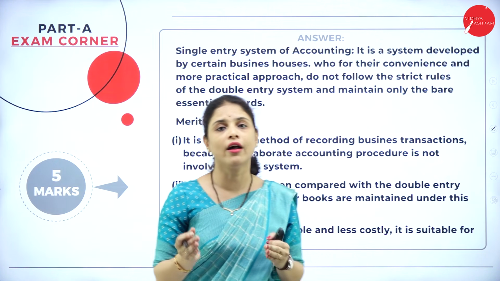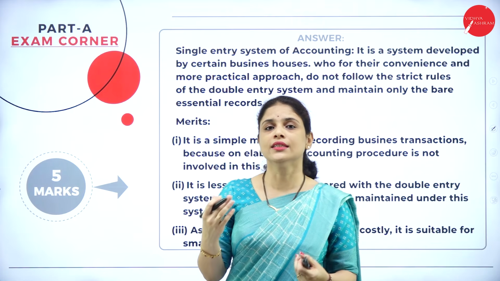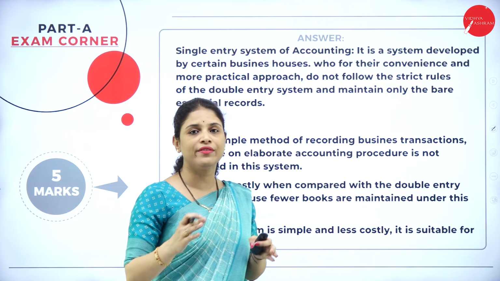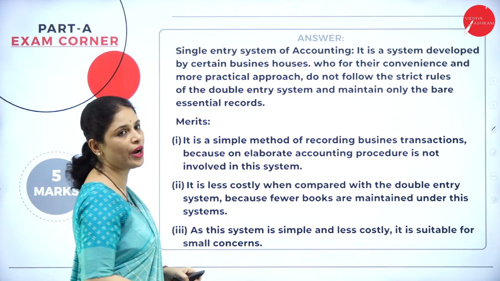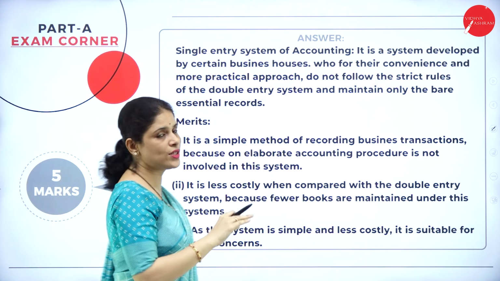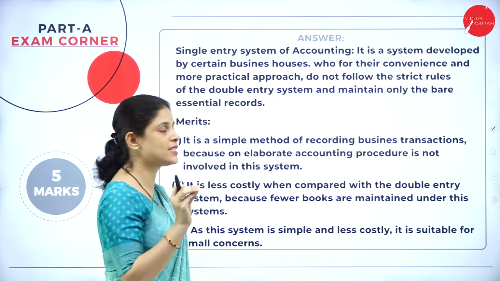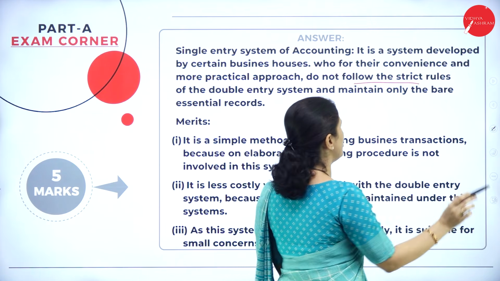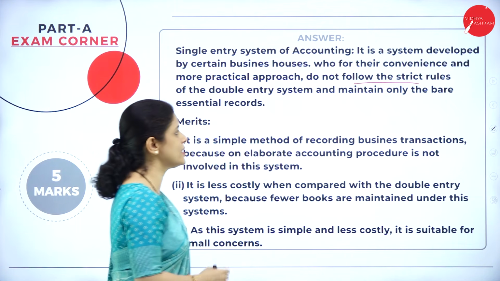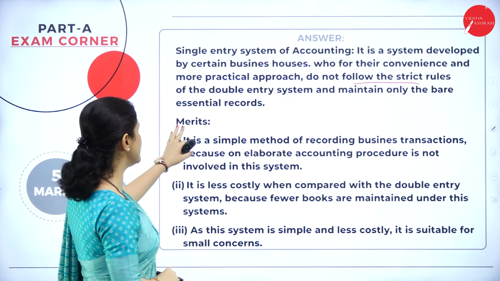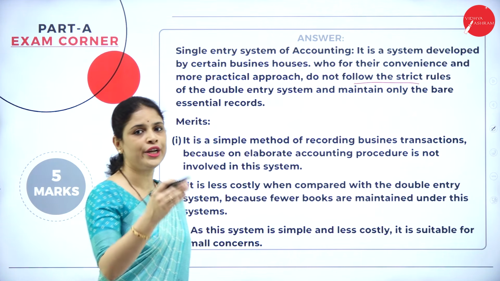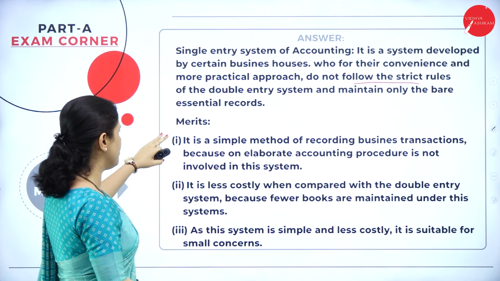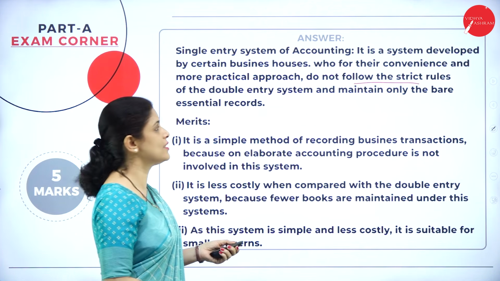I already discussed this in unit 1, conversion of single entry into double entry system. First you have to write the meaning: single entry system means it is a system of accounting which does not follow the strict rules of double entry system and maintains only the essential records. After that you have to write the merits of single entry system.